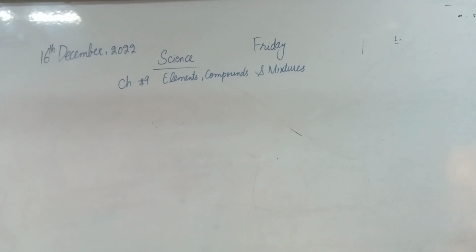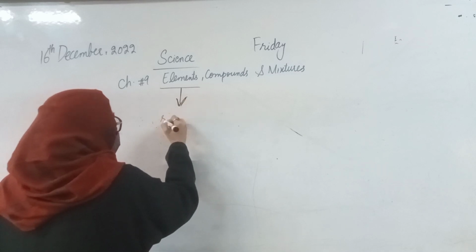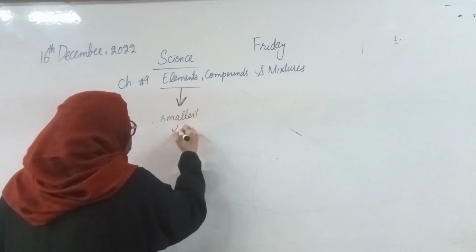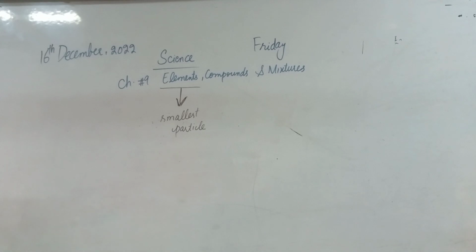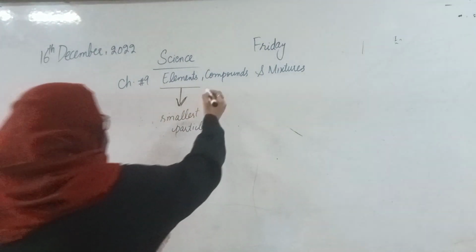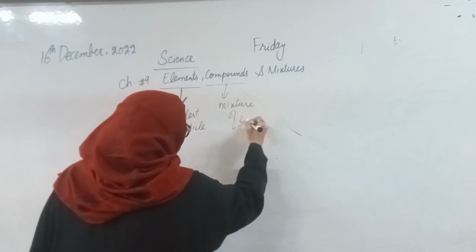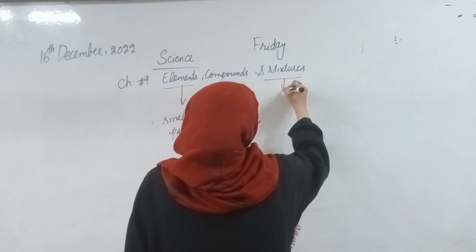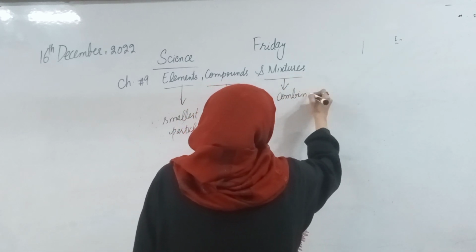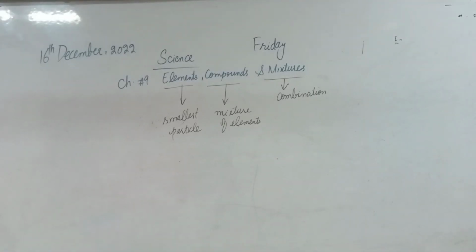As you all know, elements are basically the smallest particle of a chemical substance that cannot be broken down into smaller particles, and compounds are the mixture of elements, whereas mixtures are the combination of elements, or you can say the combination of two or more things.